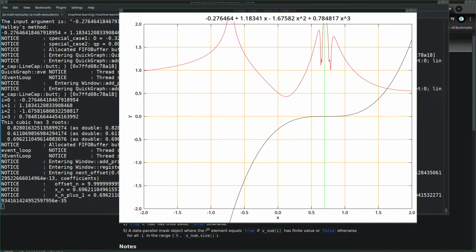Or is it? Now I'm doing another cubic. Oh, what the hell? Okay. Go back again here.